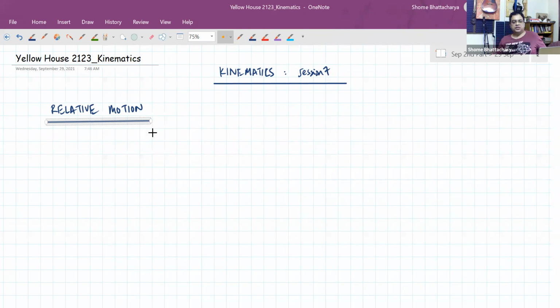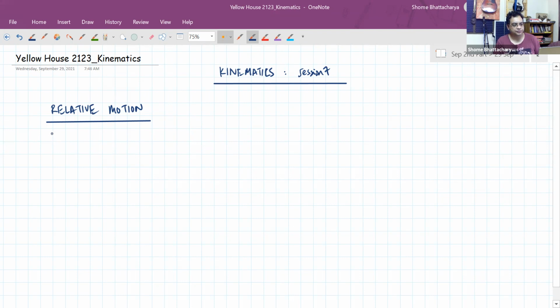So let's first understand what is the meaning of the term relative motion. Relative motion is the situation where we observe the motion or write the kinematical equations of a moving object in a moving reference frame, or with respect to a reference frame which is in motion with respect to the ground.